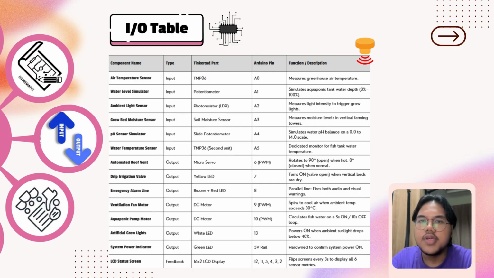And we also have the outputs, which are the automated roof fan to cover the plants when it is normal temperature, drip irrigation, emergency alarm lines, ventilation motor, fan motor, aquaponic pump motor to circulate the fish water on a 5-second on cycle, artificial grow lights when the sunlight is low, system power indicator, and also a feedback system for the LCD status screen.